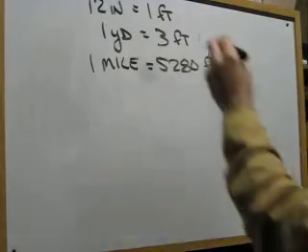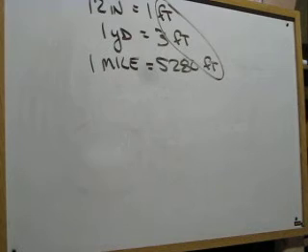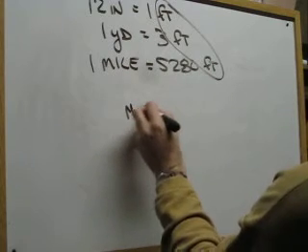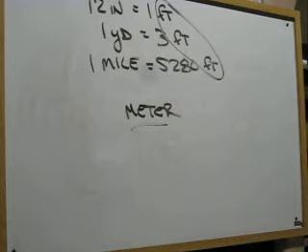Alright, so if you look here, our main unit of measure that we're dealing with is feet. And when you get into the metric system, the main unit of measure will be what is called the meter. Now, you've heard of both of those, so that should give you a little bit of a head start.